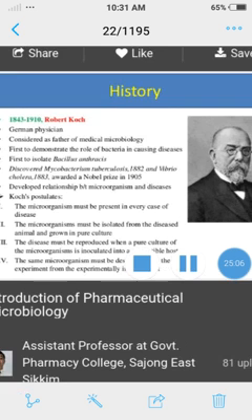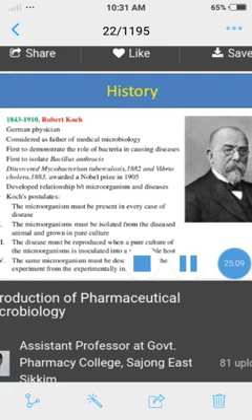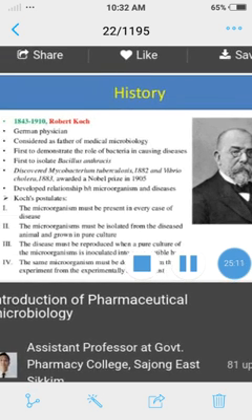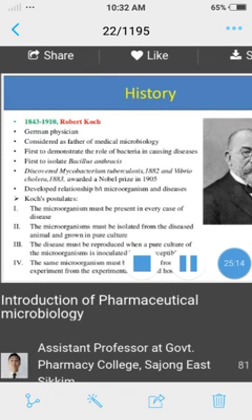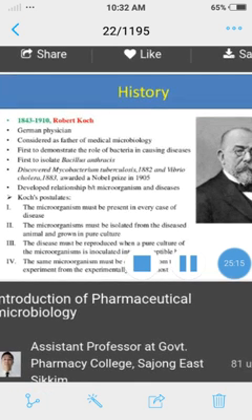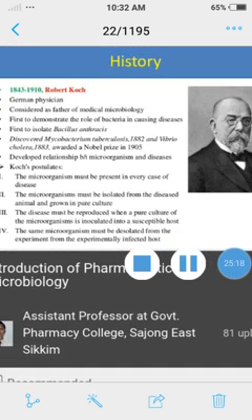The second: the microorganism must be isolated from the diseased animal and grown in pure culture. The third: the disease must be reproduced when the pure culture of microorganism is inoculated into a susceptible host. And the last: the same microorganism must be isolated from the experimentally infected host.